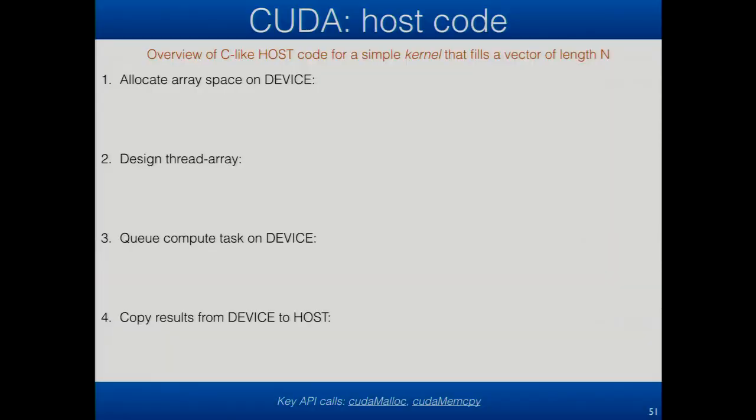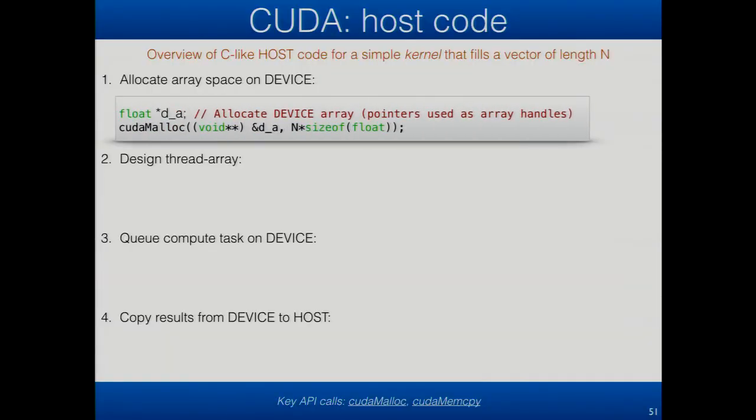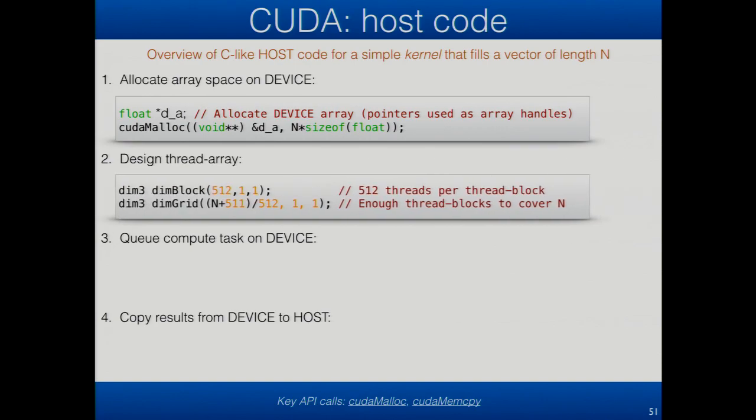Okay, so let's just iterate. We allocate space on the device. We design a thread array. So really, these are not independent. The way that you write the kernel has to tally with the way that you specify your thread array. So the specification of the thread array and the kernel code, which we'll see in a minute, can't be independent.